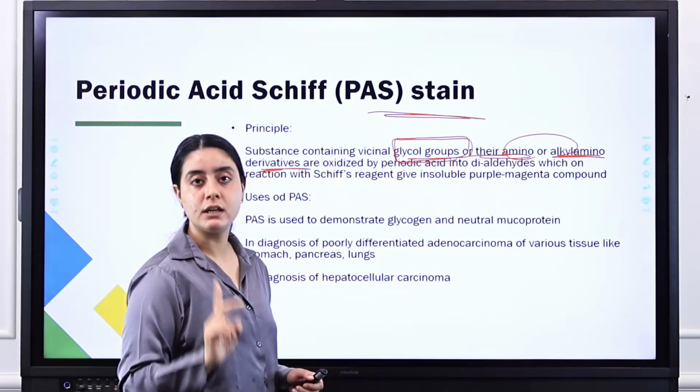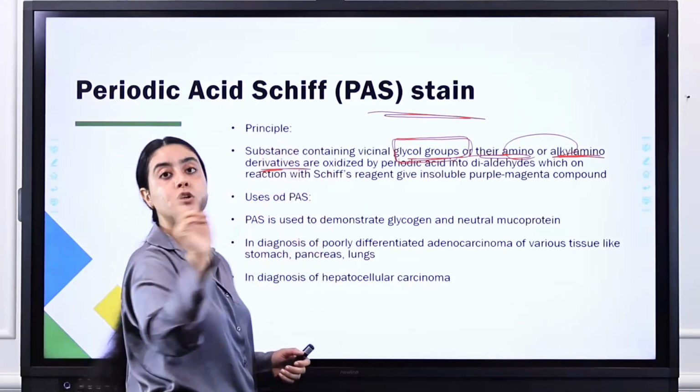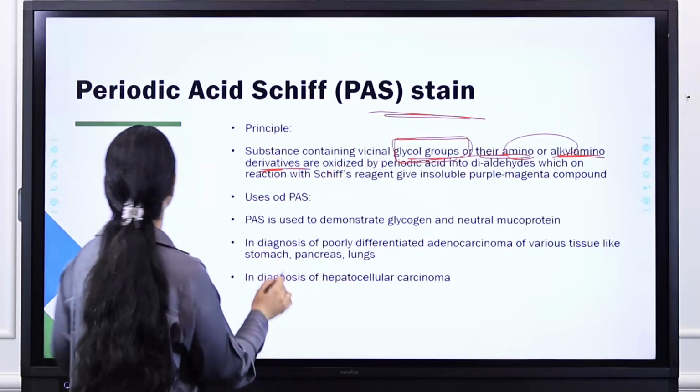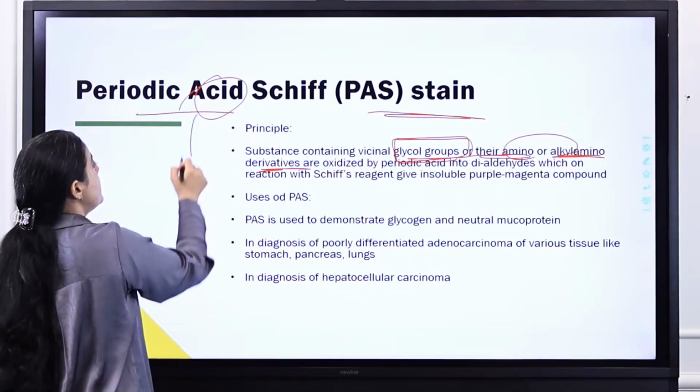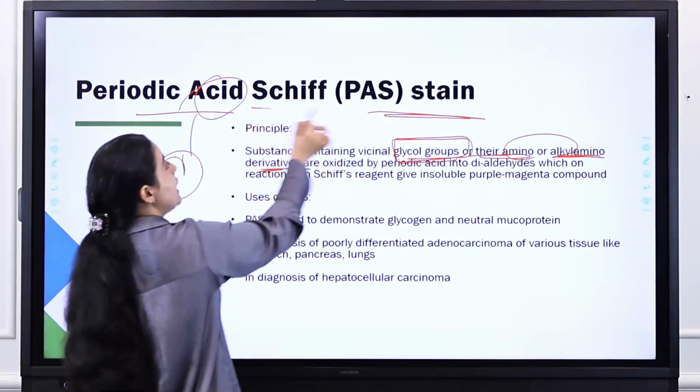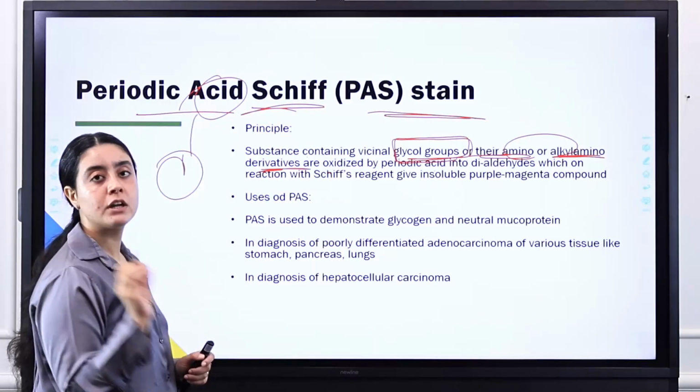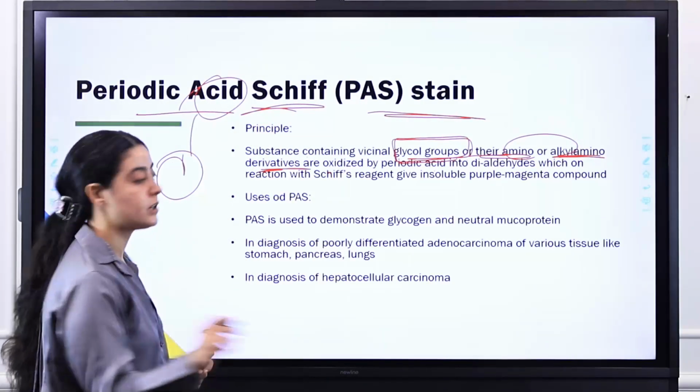First make one thing clear. Here also we have two stains in PAS stain. The first is periodic acid, and the second is Schiff's reagent.